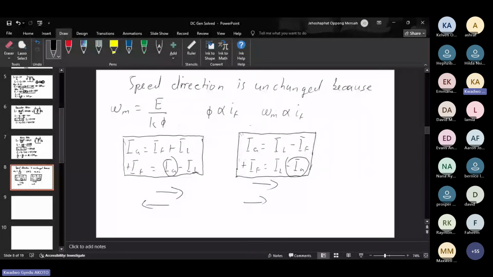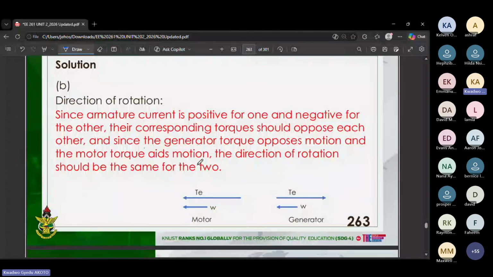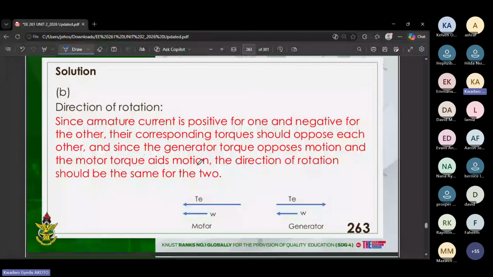For here we have direction of rotation. Since the armature current is positive for one and negative for the other, their corresponding torque should oppose each other. And since the generator torque opposes motion and the motor torque is in motion, the direction of rotation should be the same for the two.